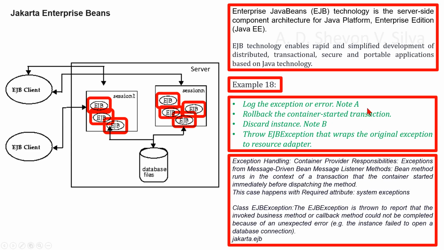Log the exception or error: this means that the container logs the exception or error so that the system administrator is alerted of the problem. Roll back the container-started transaction. Discard the instance: this means that the container must not invoke any methods on the instance. Throw an EJBException that wraps the original exception to the resource adapter.